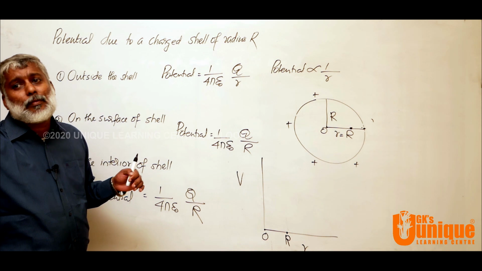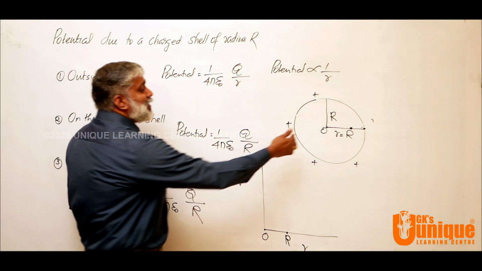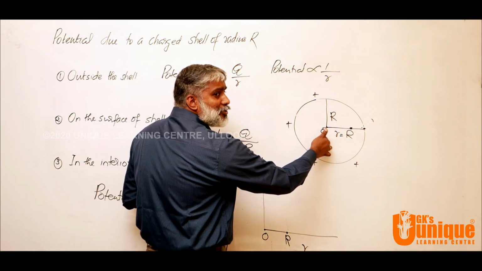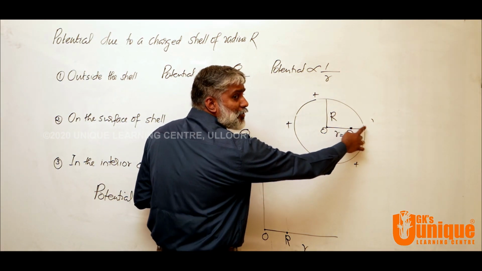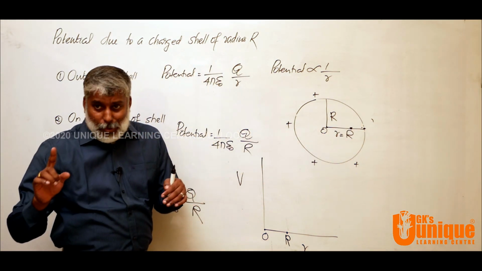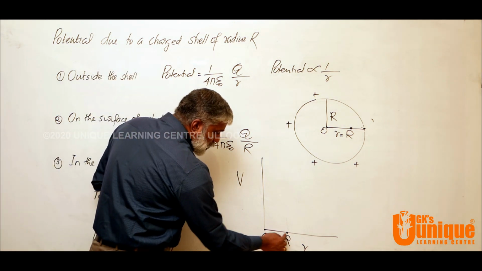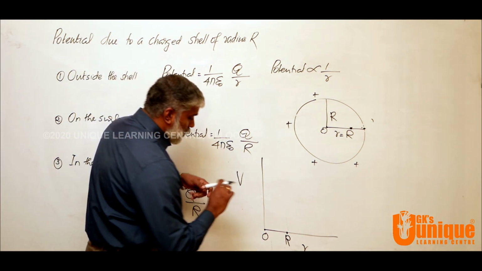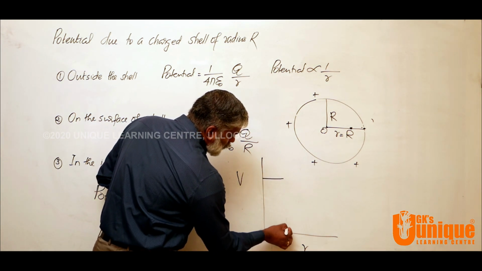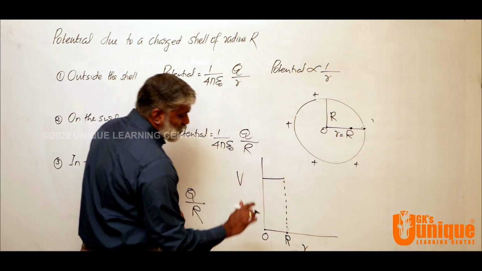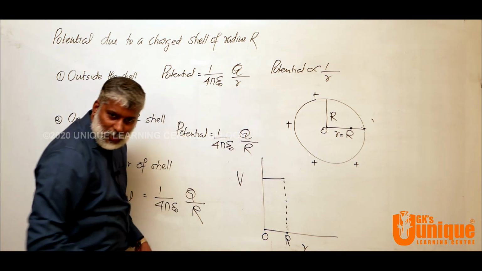Potential has the same value here. What is the potential at the center? 1 by 4 pi epsilon 0 Q by capital R. What is the potential on the surface? 1 by 4 pi epsilon 0 Q by capital R. From center to surface, the potential has the same value, so potential is a constant. It is represented by this horizontal line.